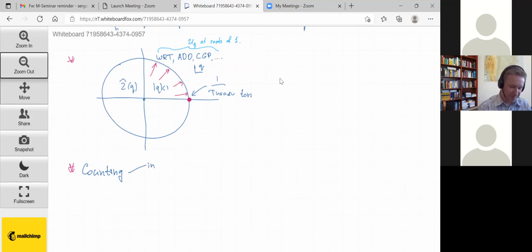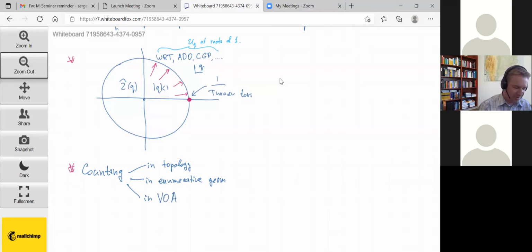First of all, counting in topology, which is closer to what we were discussing. Then counting in enumerative geometry. And then counting in the context of vertex operator algebras.